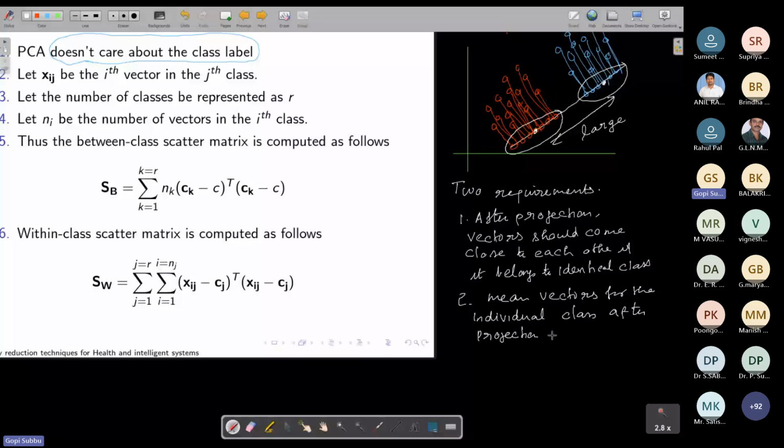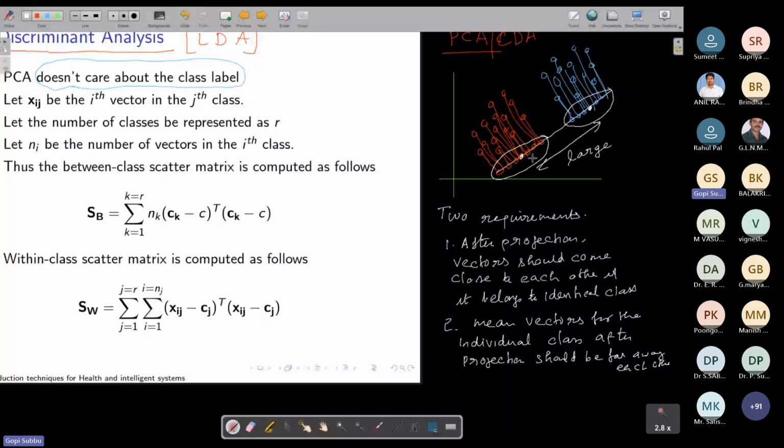The distance should be larger, far away from each other. So this distance after projection, the mean vector, should come very far. You want to make this larger, but within the class the vectors should come very close. So we need to find the basis that does this job.